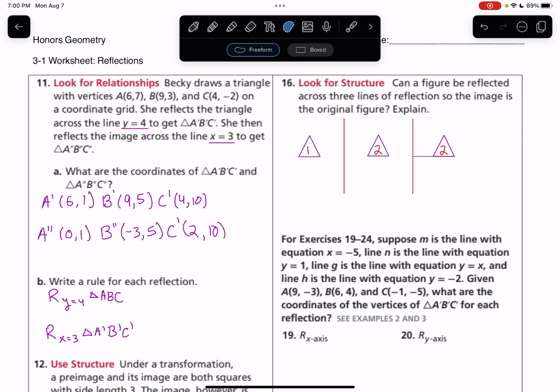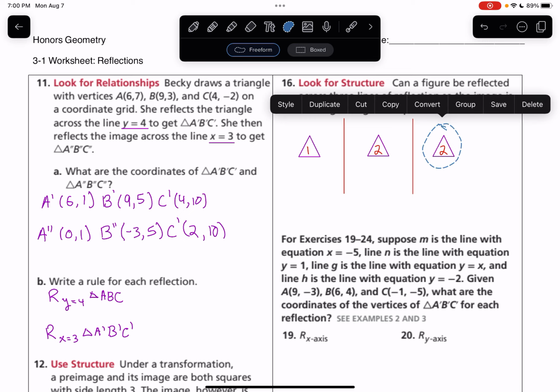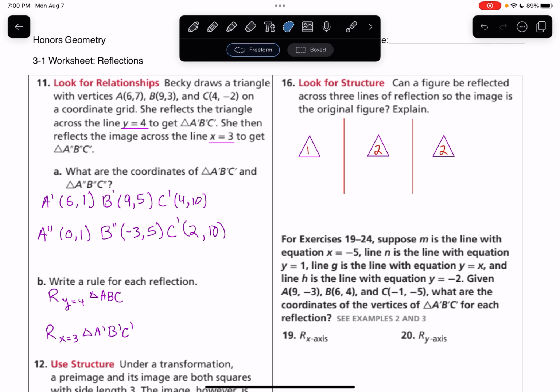It's going to be the same distance away from the reflection line. And I needed to say 3, not 2. I didn't even think about that. Yeah, all right. So this is going to be number 3. So I reflected it across 2 lines of reflection so far.